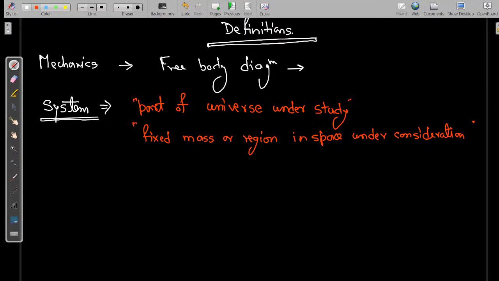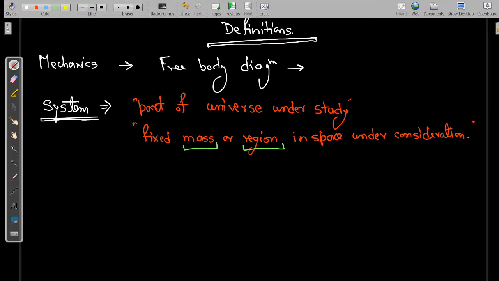Okay, it is a fixed mass or region. I am saying or, that means either fixed mass or fixed region. Okay, I cannot define system only on the basis of mass or only basis of the region. Why? That we will see in a while. Okay, in space under consideration, space में जो भी fixed mass और fixed region को मैंने consideration में लिया है for study, that is called our system.